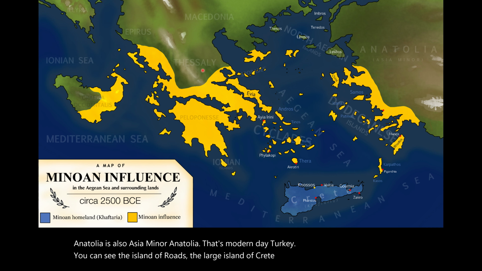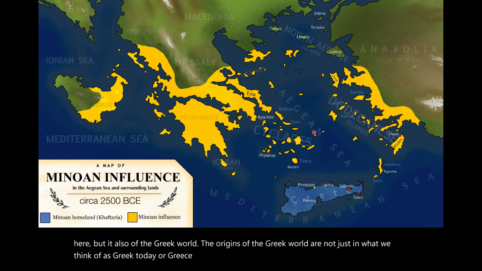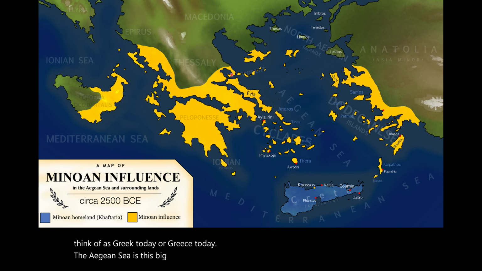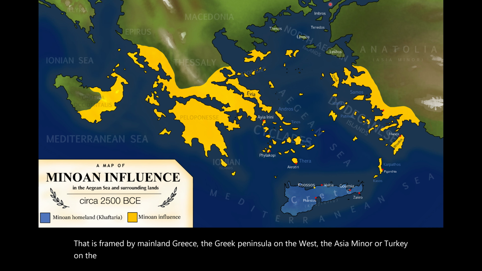Okay, this is modern-day Greece here. But the origins of the Greek world are not just in what we think of as Greece today. The Aegean Sea is this big body of water in the northeastern Mediterranean that is framed by mainland Greece, the Greek peninsula, on the west, Asia Minor, or Turkey, on the east, and right up here is the entrance into the Black Sea.